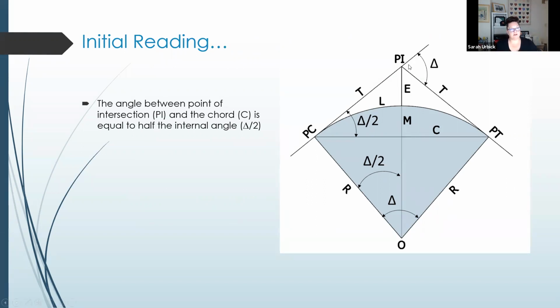But remember, the angle from our line, our point of intersection, our tangent line, back to our curve, which we're looking at over here, right? Perpendicular. Okay, so our tangent line is perpendicular at our point of intersection.